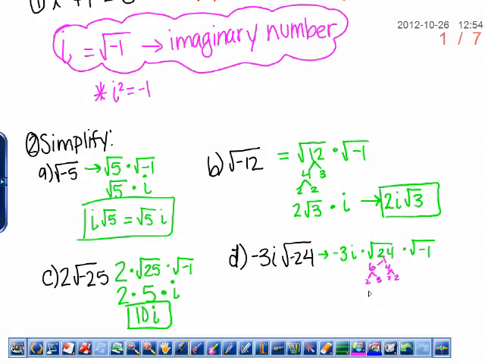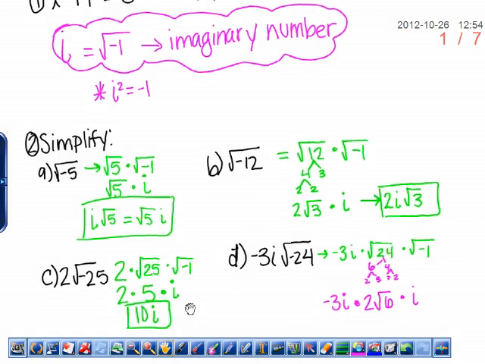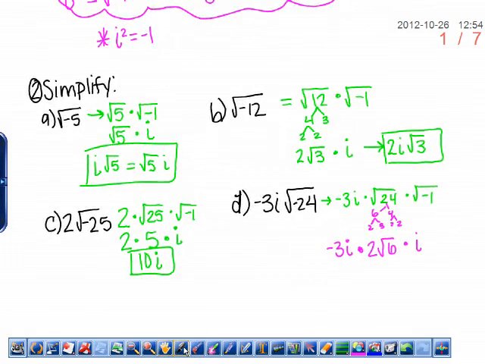So how could I rewrite the square root of 24? 2 root 6. I still have my minus 3i. And what's the square root of negative 1? i. Okay? So I'm going to continue on with this.